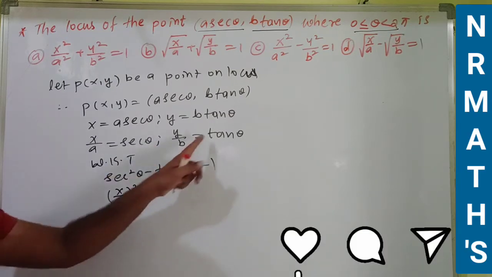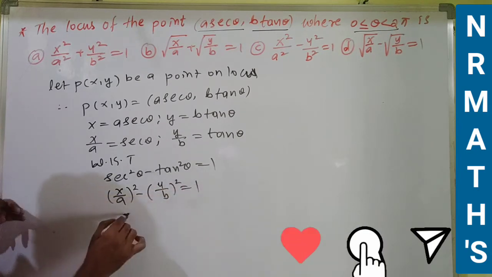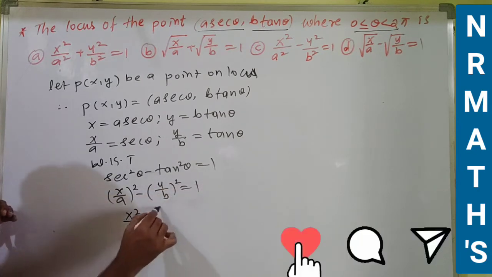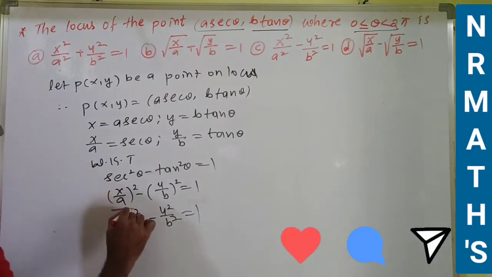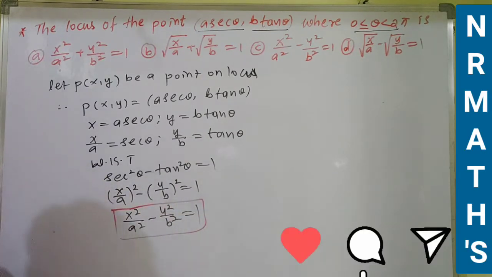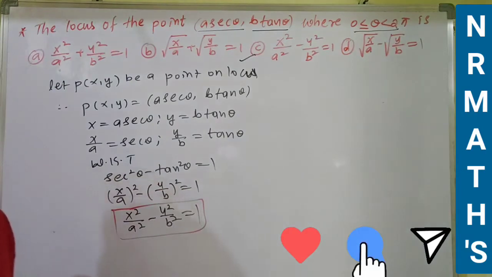Tan theta is y by b, so (y by b) whole square is equal to 1. That means the locus of P is x square by a square minus y square by b square is equal to 1. It is the C option.